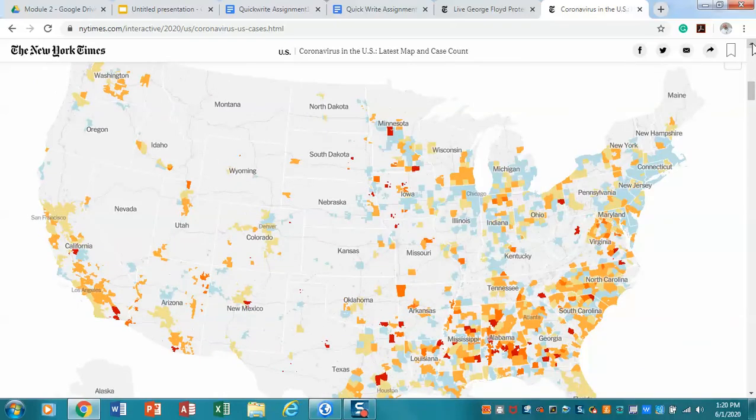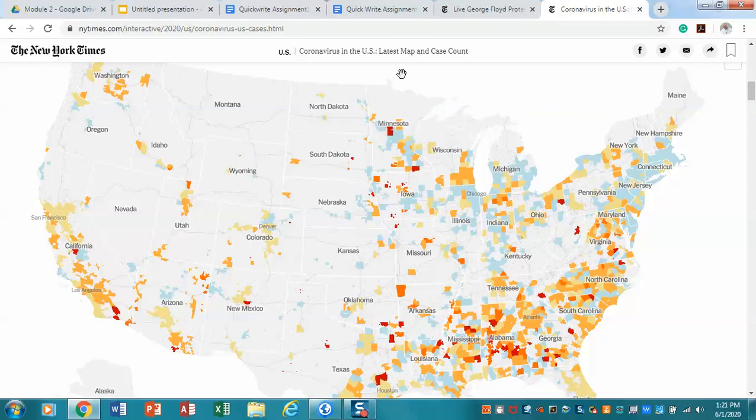Okay, so now we're going to look at it with a different enumeration unit. Now, it's important to understand enumeration units really change how we see data. Right here, what you'll notice is that we actually have all of the United States, but the data is not by state, but rather by county.